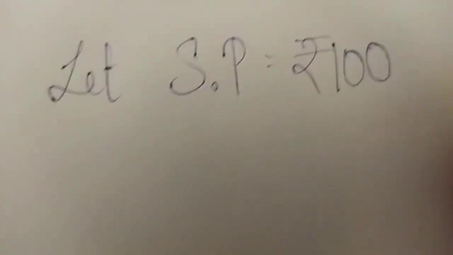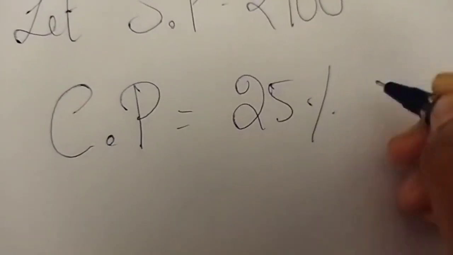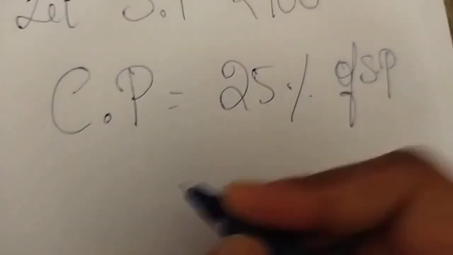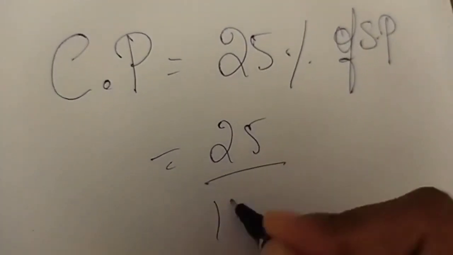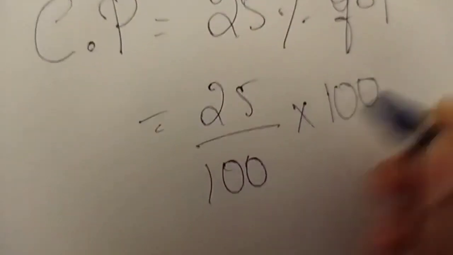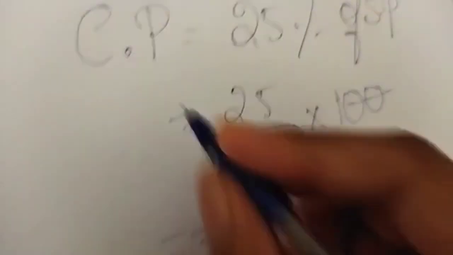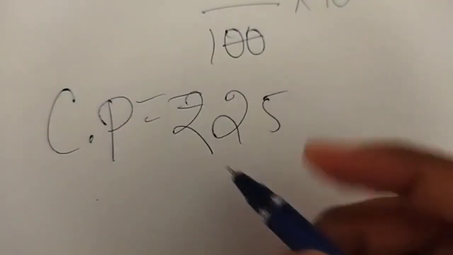If SP is equal to 100, what is CP? CP is 25% of SP, that is 25 by 100 into 100. The zeros get cancelled, we get 25. So CP is equal to 25 and SP is equal to rupees 100.